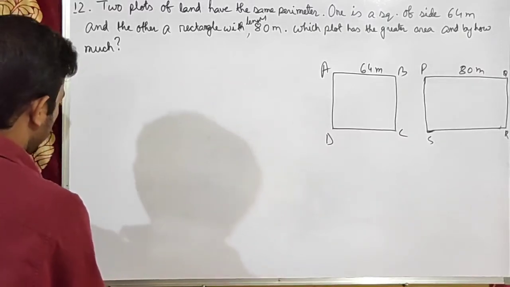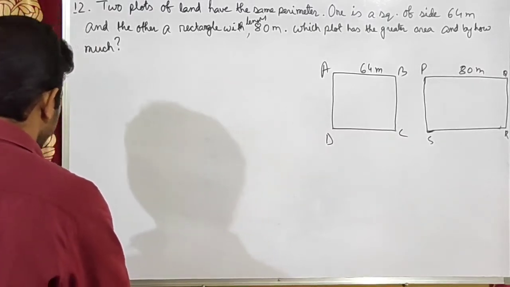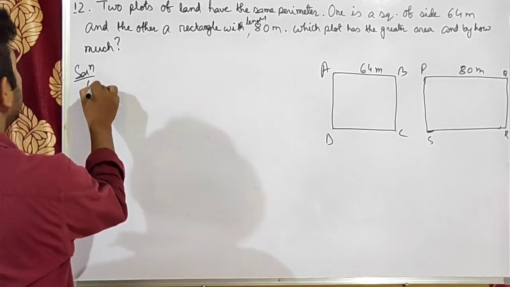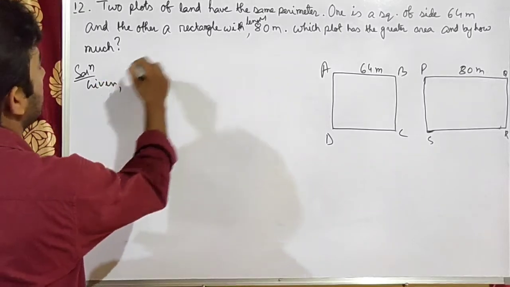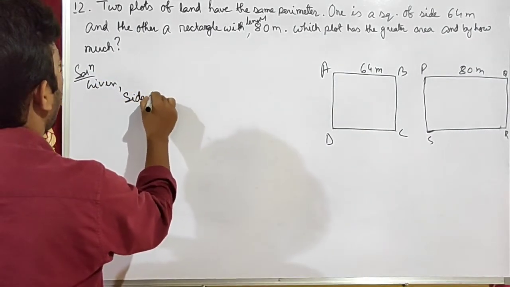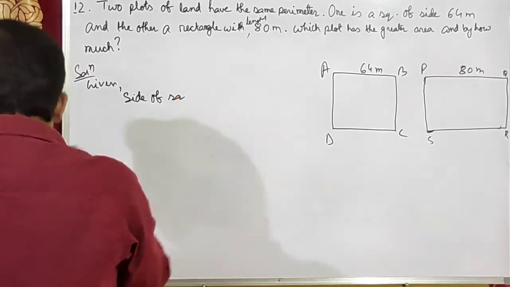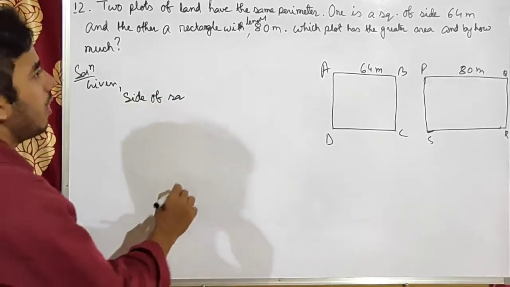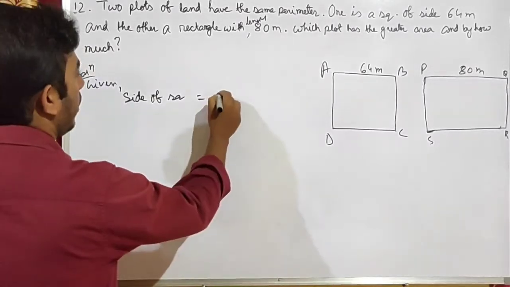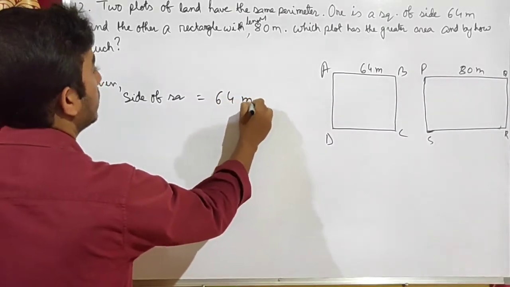I hope you have understood how to solve such types of questions. Okay, look at the board. First thing is the information given in the question: side of square equals 64 meter.